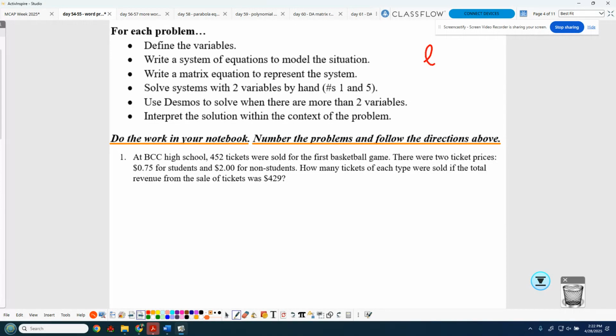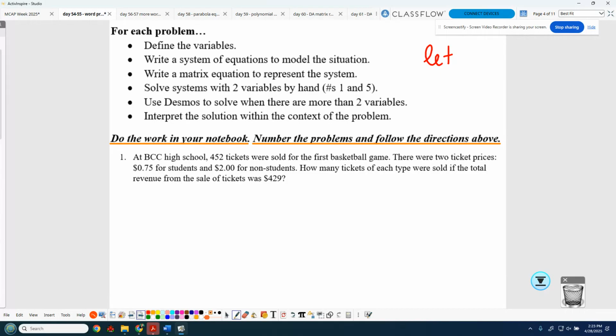So what are my variables? T equals 452? Not quite. Student ticket costs 75 cents. I'm going to use that data, but how many types of tickets do I have? 2. So I need names for those 2 types of tickets.